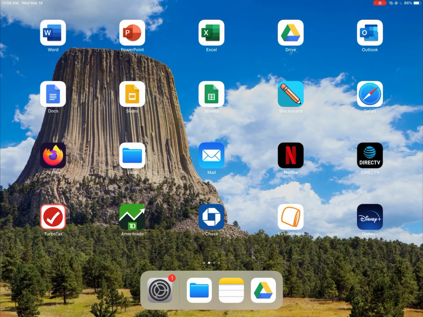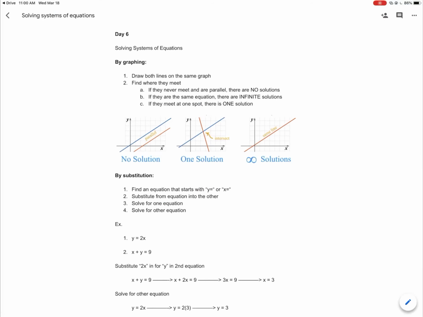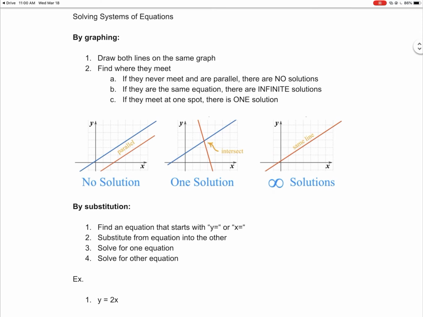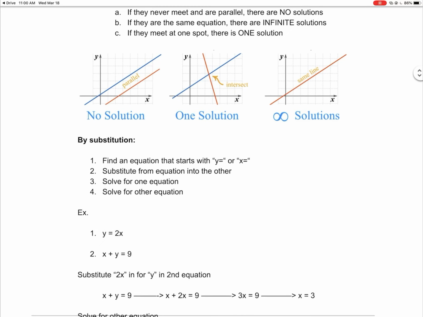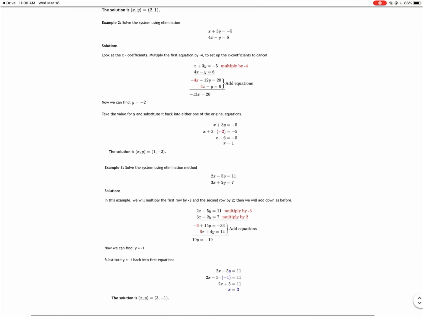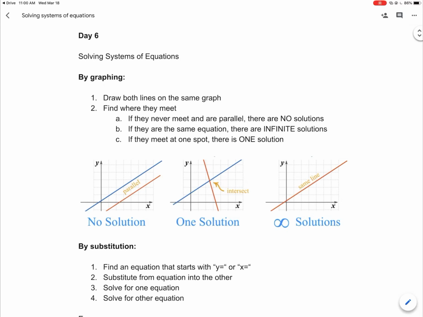If you look at our Google Classroom, you will see this paper. It gives you a step-by-step way of how to solve by graphing, substitution, elimination, things like that. It gives you ways to solve all of those if listening to me is not the most helpful thing for you.